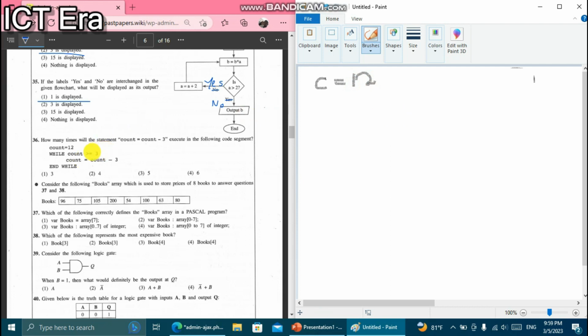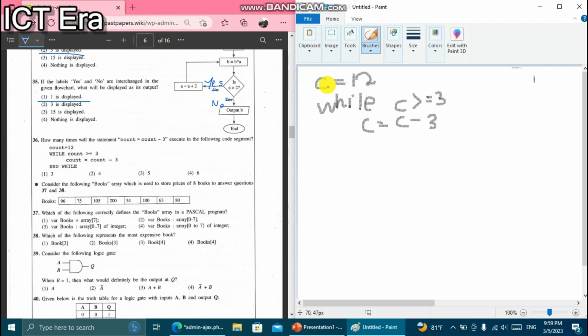While count is greater than or equal to 3, this pseudocode will execute. If not, what happens? C equals C minus 3. Now let's start and then we have to end.